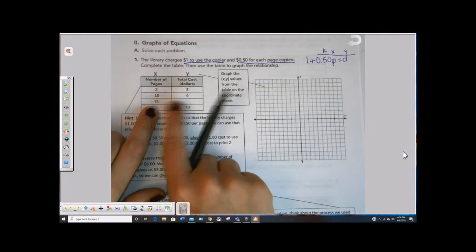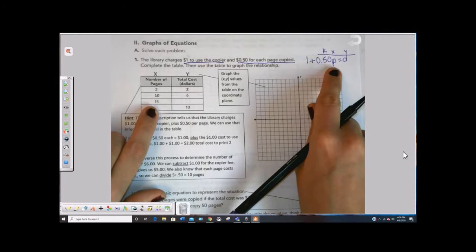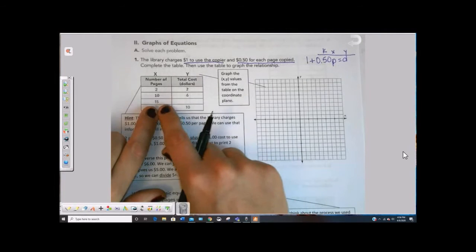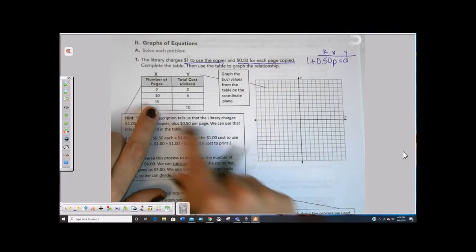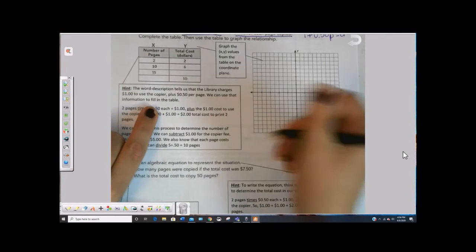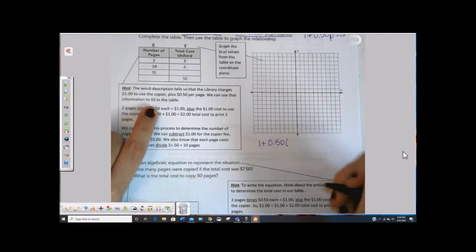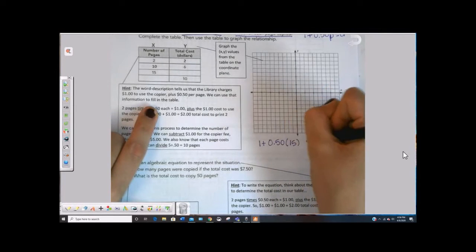I'm going to write it underneath here because I have room. They want to know how much it costs for 15 pages copied. So I just have to put 15 in for P, or if you want to think of it as, 15 in for x. So I'm going to have 1 plus 50 cents times 15.